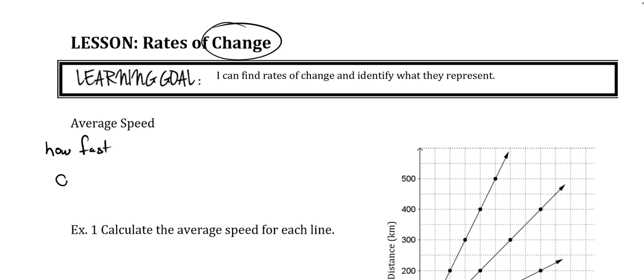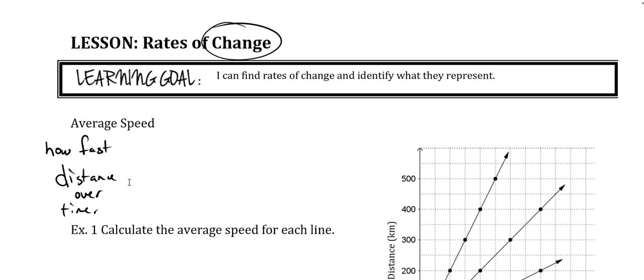Okay, so distance, very nice. Over time. So how far over some amount of time? Maybe it's a minute. Maybe it's 10 seconds because it's like a 100-meter sprint in the Olympics. Maybe it's an hour because you're driving to grandma's house. I don't know, right? Or you're driving to Toronto or something like that.